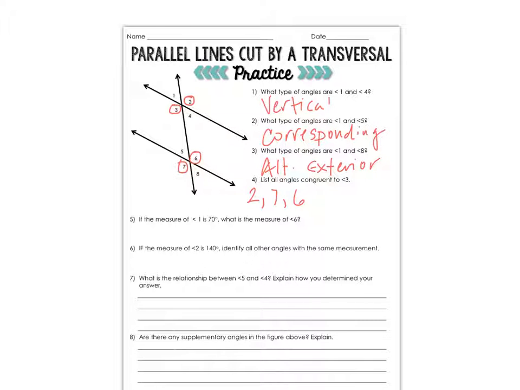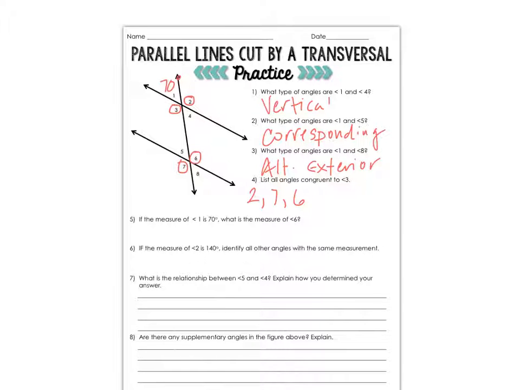If the measure of angle 1 is 70 degrees, what's the measure of angle 6? Well, I can't directly go from angle 1 to angle 6. There is no relationship there. But if I know 2 or 3, then I definitely know 6. It doesn't matter which one you choose.